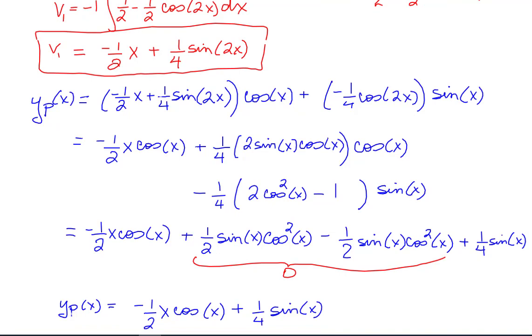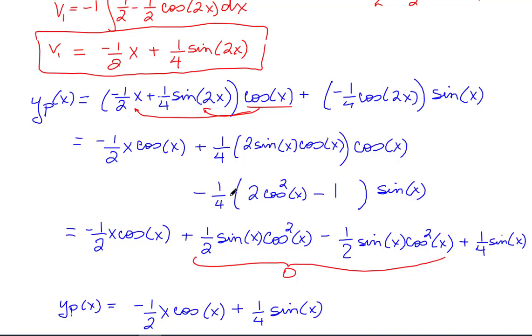First off, I'm going to take my cosine x and distribute it in. So I get a minus 1/2 x cosine x. For this 1/4 sine 2x, I'm going to rewrite the sine of 2x as 2 sine x cosine x.